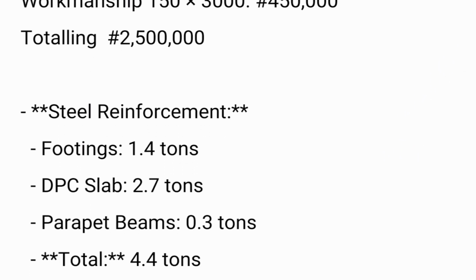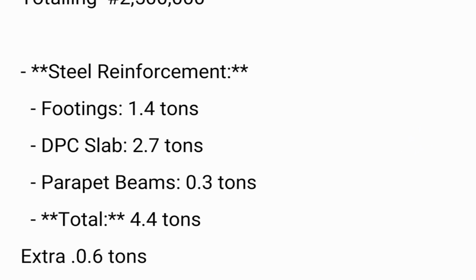Then steel reinforcement. Steel reinforcement, footing 1.4 tons, DPC 2.7 tons, parapet beam 0.3 tons. In this one, sometimes some people don't really use much rod during their DPC. Okay, they don't.